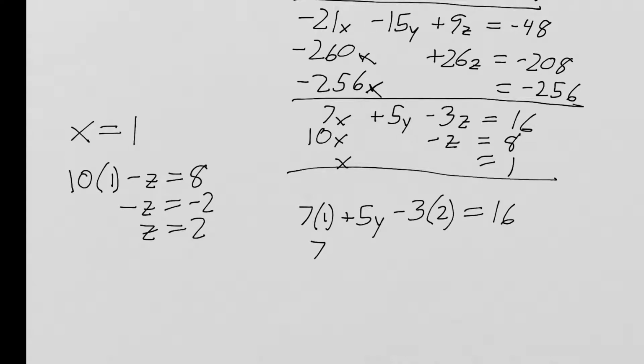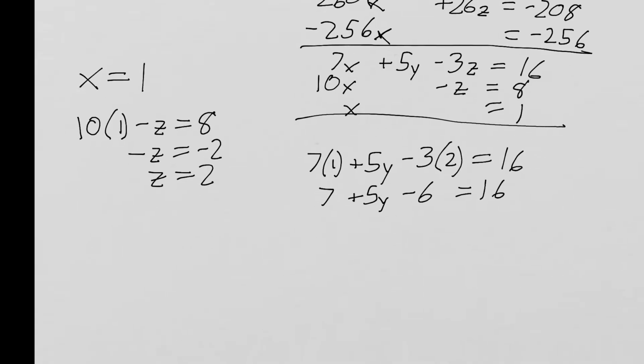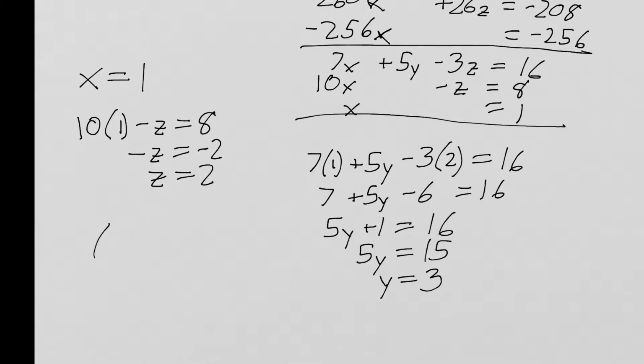Putting that all together, I get 7 plus 5y minus 6 is equal to 16. Combining my like terms, it's 5y plus 1 is equal to 16. 5y equals 15. And y equals 3. So putting that in the ordered tuple we usually do, that's going to be 1, 3, 2.